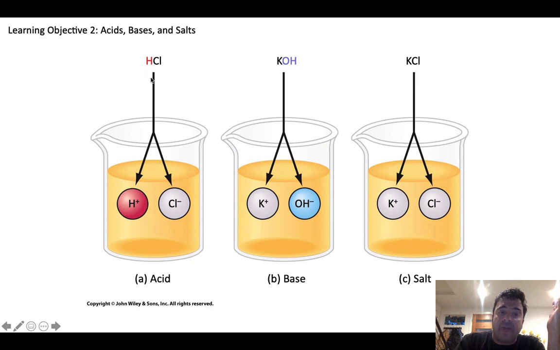In fact, the definition of an acid is any substance or compound that dissociates in solution to form free hydrogen ions. As hydrogen ion concentration increases, pH decreases, making the solution more acidic. Bottom line, what you are looking at here is an acid. You know it's an acid because when it enters into a solution, it produces free hydrogen ions.